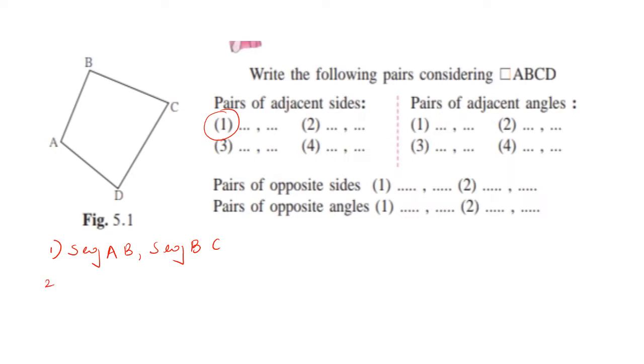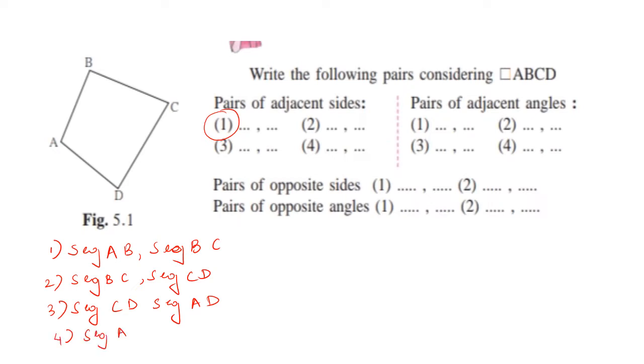The second pair would be segment BC and segment CD, then segment CD and segment AD, and the fourth pair would be segment AD, or I can say DA, and segment AB. So these were the pairs of adjacent sides.